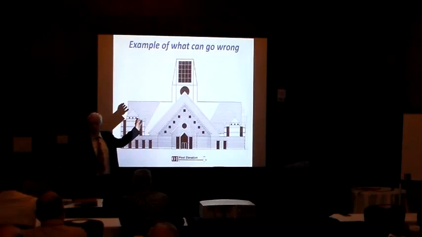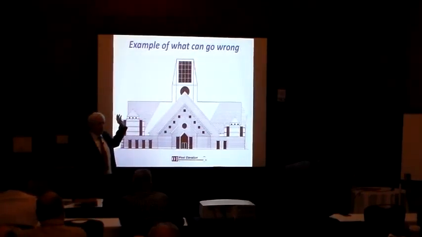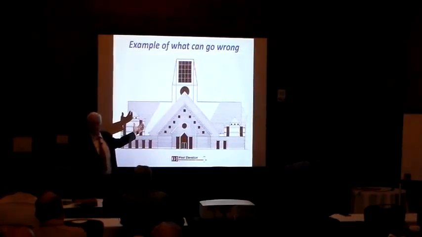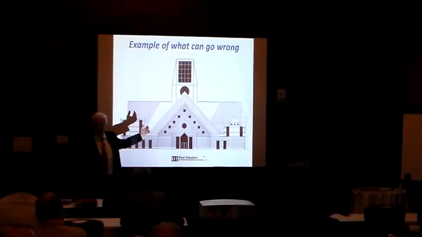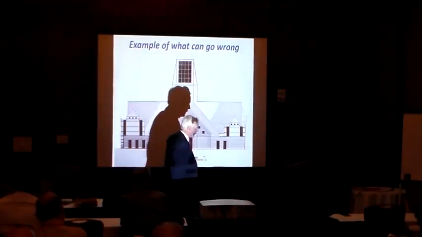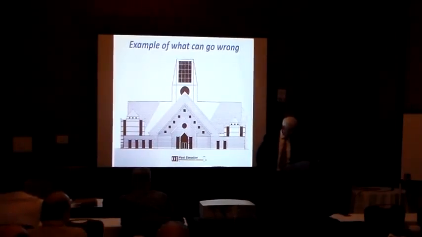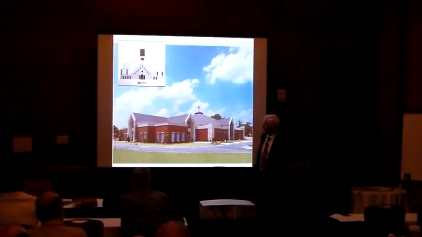The real short version of the story is that we had almost talked them into not doing this, but they went ahead and did it anyway. And it came in at $8.5 million, $2 million over. But here's what a CM team can do. We went from that church to this church.